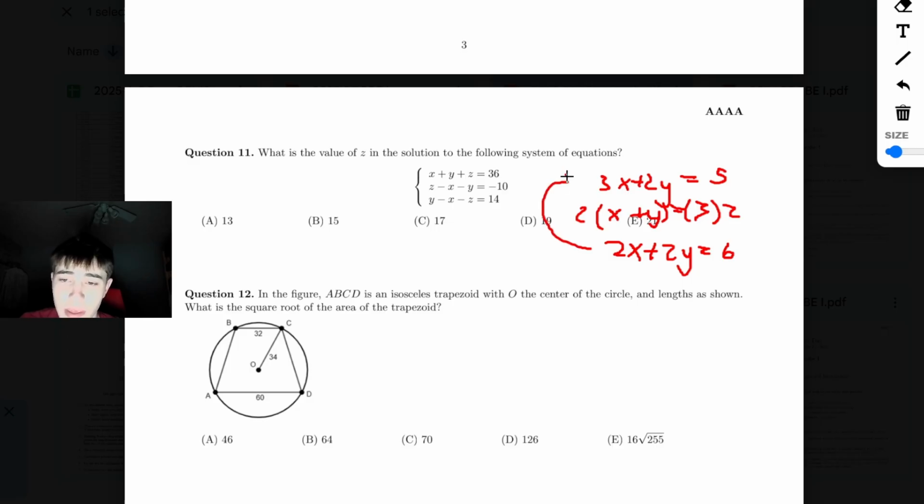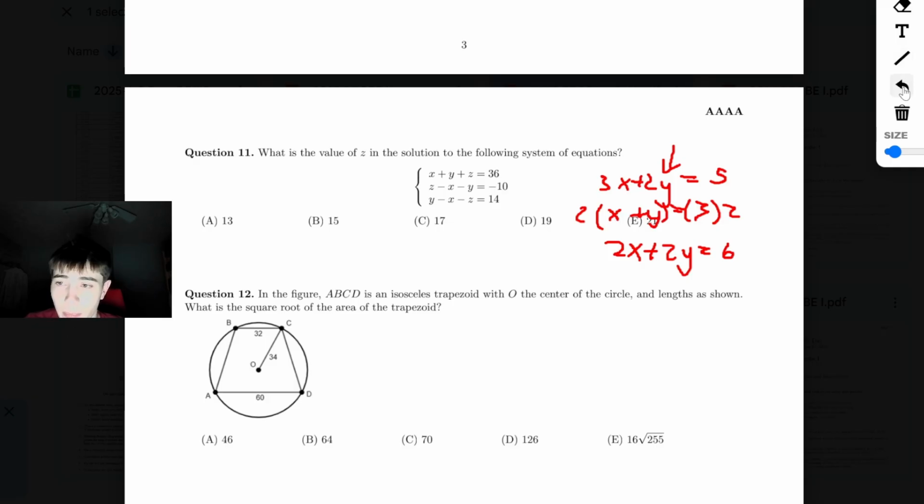And if you compare these two, you'll notice that the difference here is that we have one x, right? We have this x here. The goal of multiplying by 2 is to get rid of the 2y term. So we can subtract these equations from each other, right?